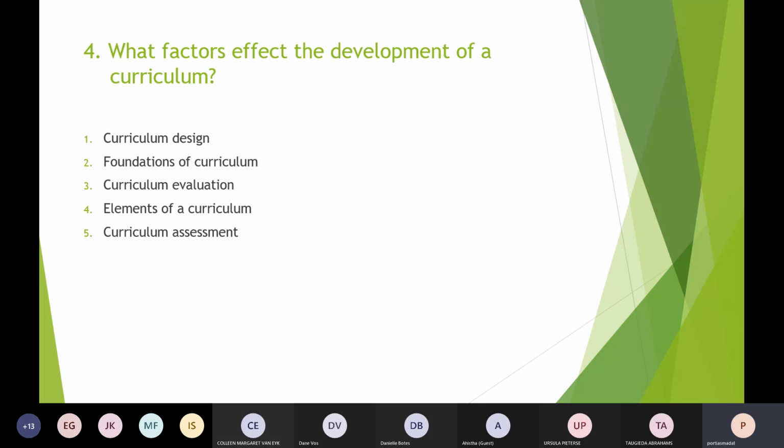What types of assessment do we do in our classrooms? Summative and formative. Correct, summative and formative, thank you. Tell me when will you do a summative assessment with the learners?